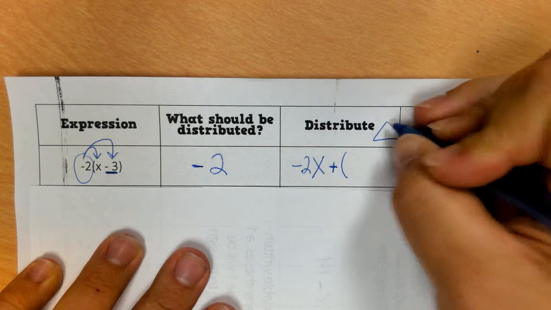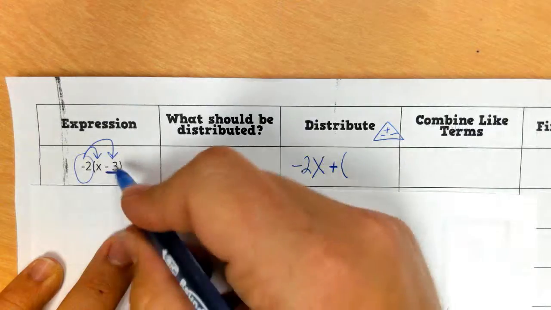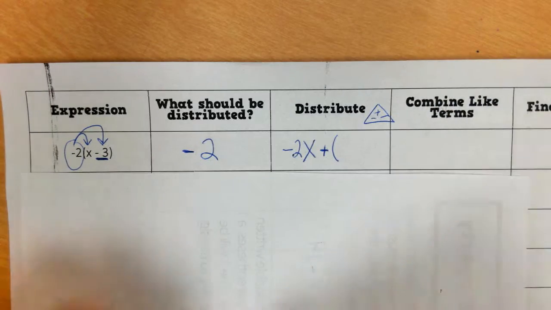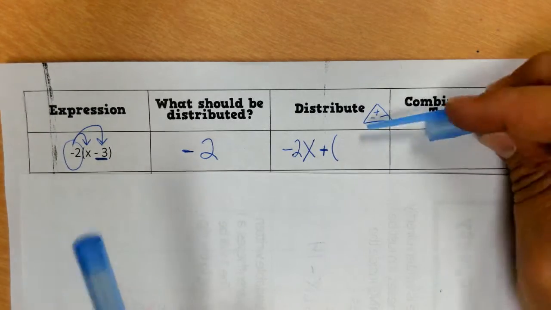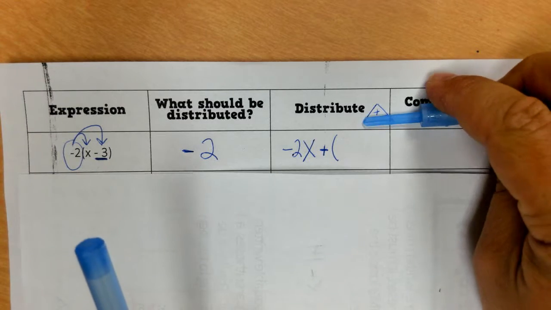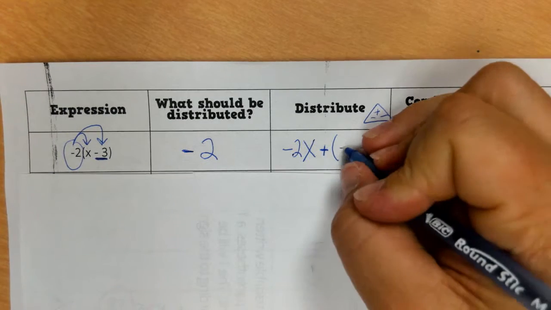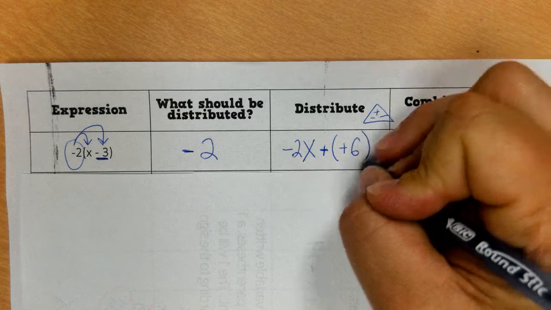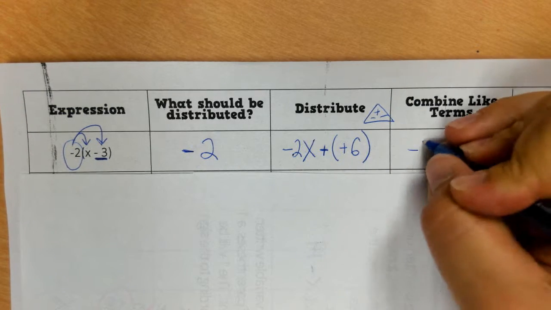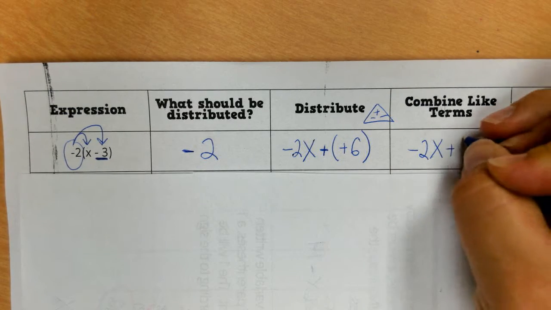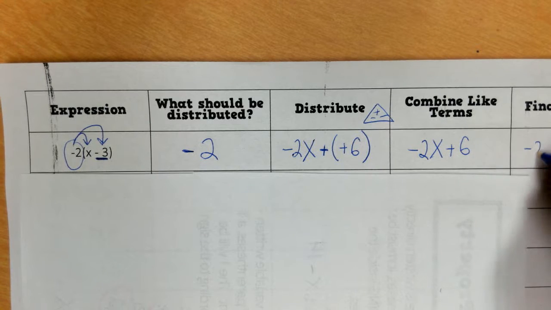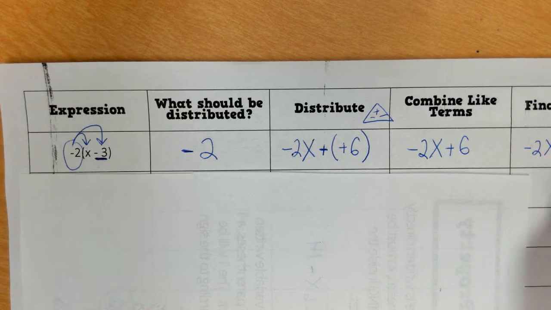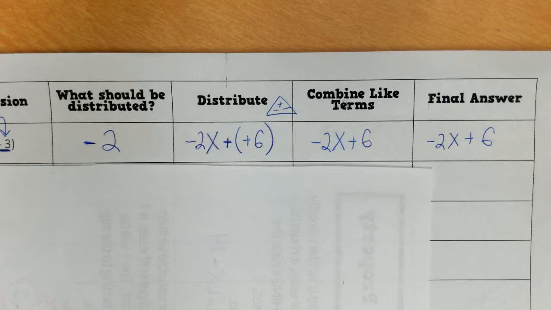I have my MD triangle right here. They're both negative, so I'm going to cover up both negatives, and I get a positive. So positive, 2 times 3 is 6. So I get -2x plus 6. Easy peasy.